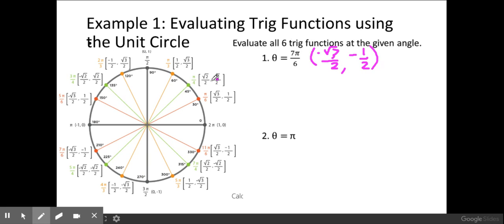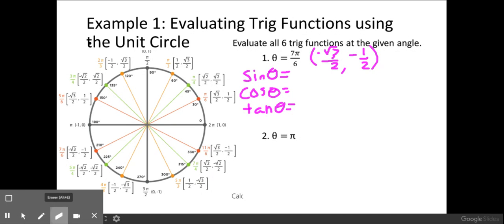So now what I'm going to do is set up sine theta, cosine theta, and tan theta. So keep in mind, you always want to write this symbol theta, which matches this. This is saying sine of this angle, or you could write sine of 7 pi over 6 if you wanted to, and write 7 pi over 6 in all of these.